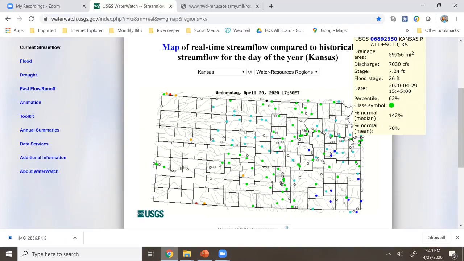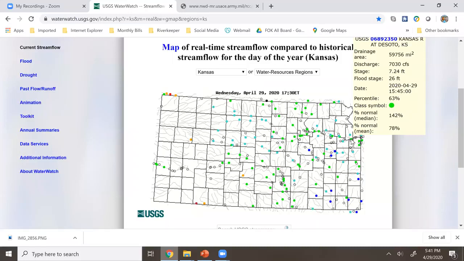You'll get to the point where you are familiar with these numbers and know what they mean. We'll talk about these in more detail as they apply to paddling, but to give you an idea in terms of flooding, the Kansas River at 7,030 CFS is relatively low on the grand scale.